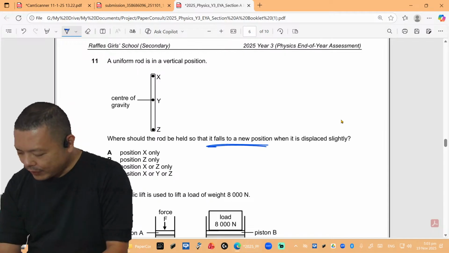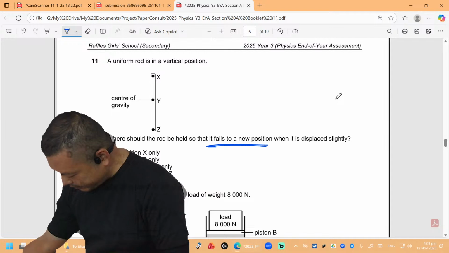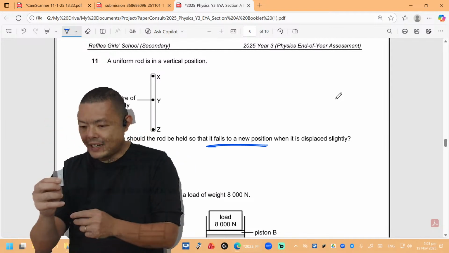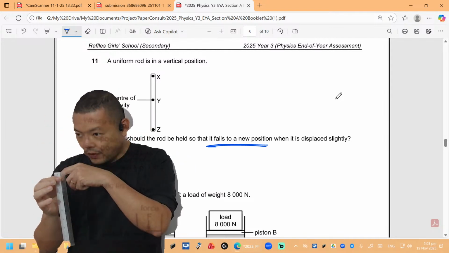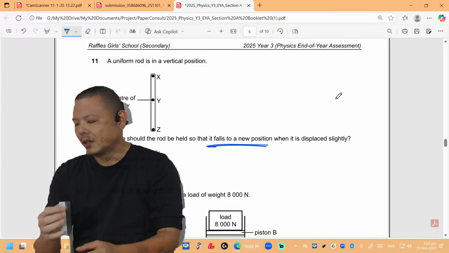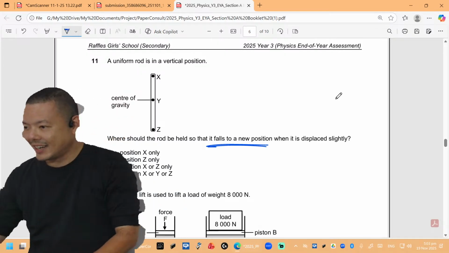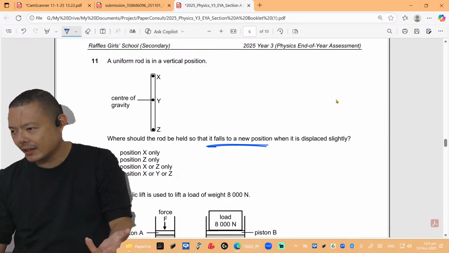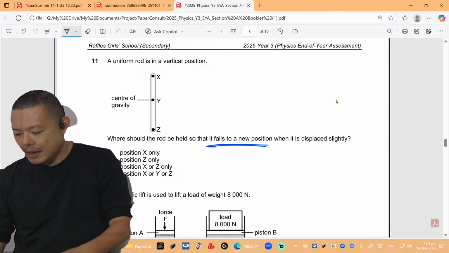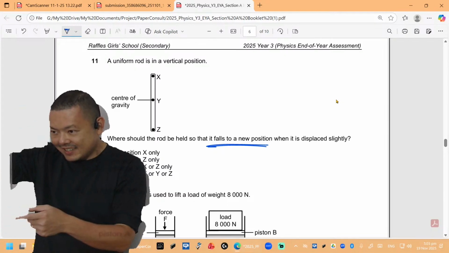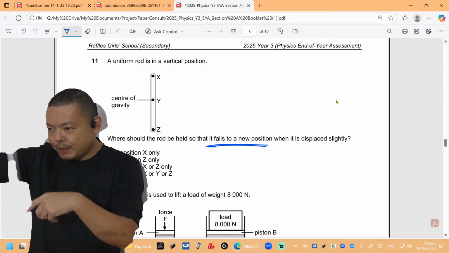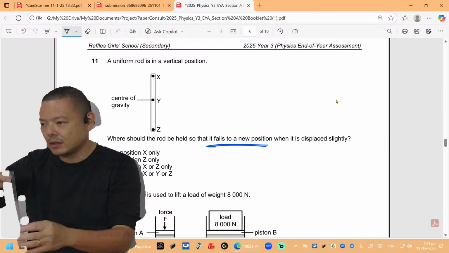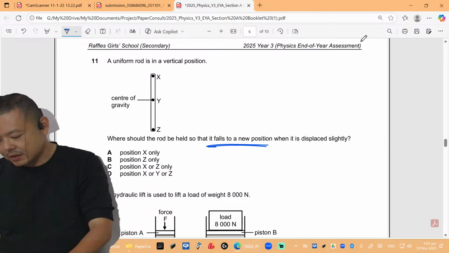So fall to a new position, basically whatever I showed you with my ruler just now. I pivot it at Z, I tip it, it falls to a new position. If they had said stay in the new position, then the answer is pivot at Y. But if you pivot it at X like this, when you tip it, it returns back to its original position. It doesn't fall to a new position.